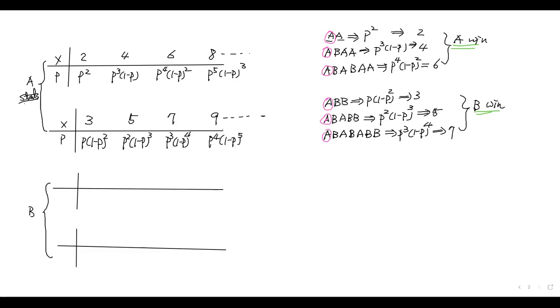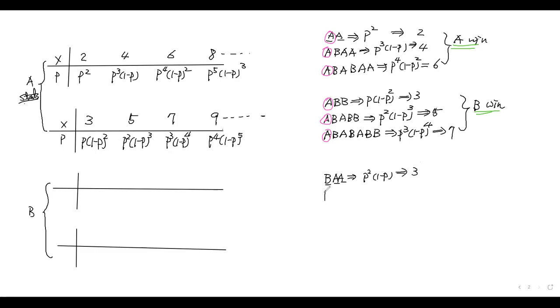Okay, the same way we have the situation where B starts off winning, right? So B starts. Let's see here. This is B, and I want A to win. What is the situation? BAA. So it's P squared, 1 minus P, right? How many games here? 3 games.